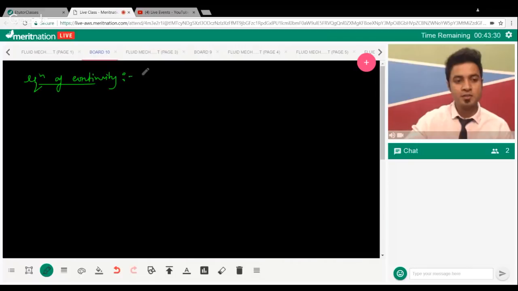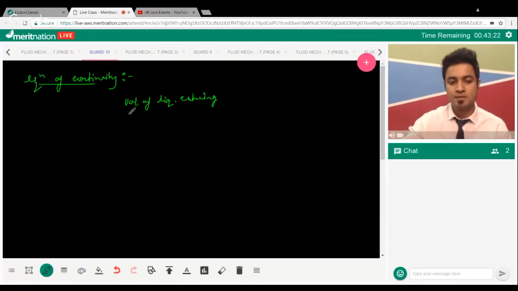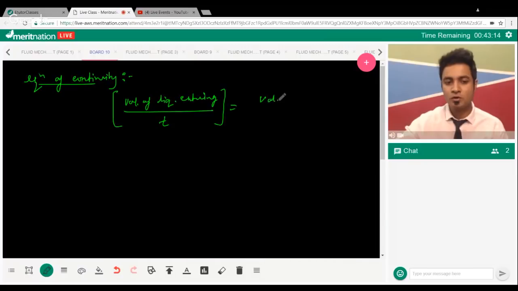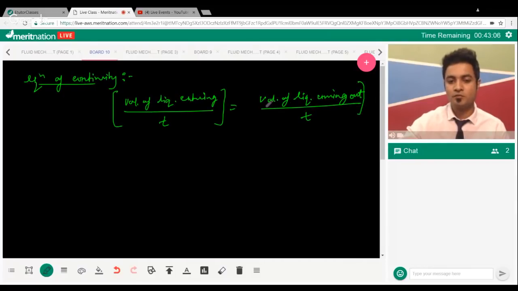The equation of continuity says that the volume of liquid entering per second, you are just dividing it by the time, has to be equal to the volume of the liquid coming out per second.